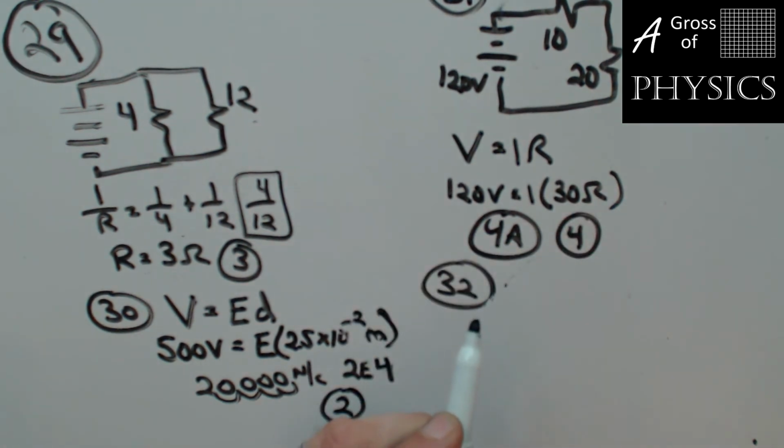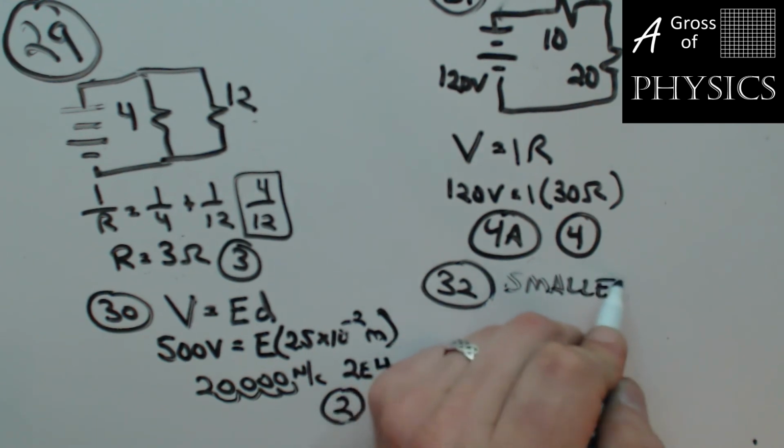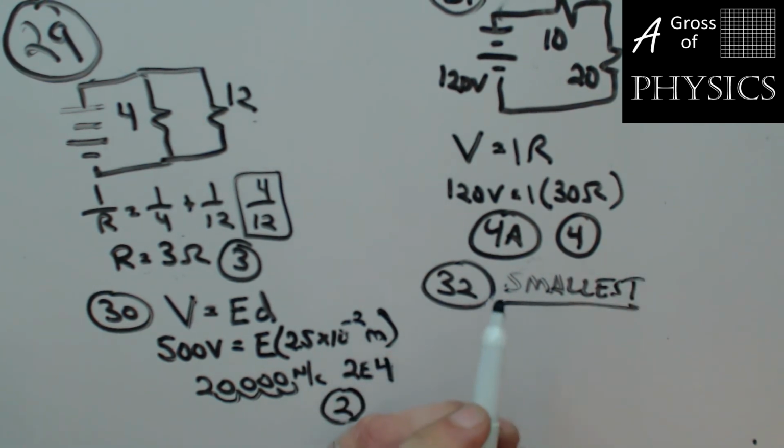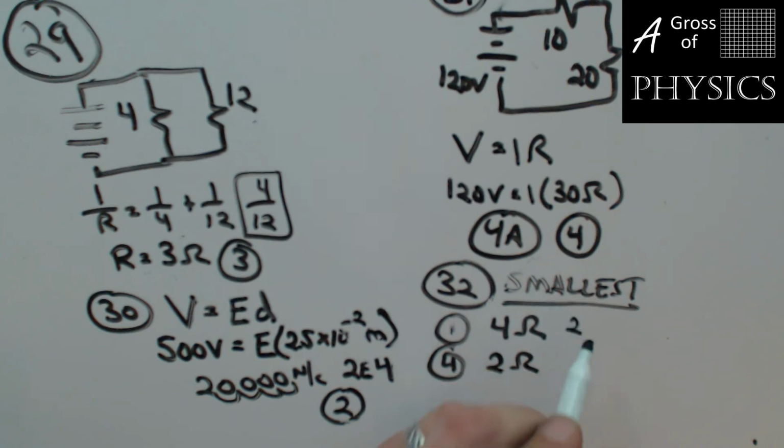All right, for 32, we want to find the smallest equivalent resistance. If we look at the first one, 2 plus 2 is 4 ohms. The fourth one, 1 plus 1 is 2 ohms. Those are series. The second one, 1 over 2 plus 1 over 2 is 2 over 2, and when we reciprocate that, we get 1 ohm.